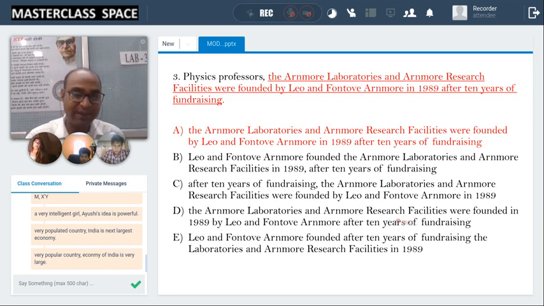Now, we have three options that are incorrect from the modifier point of view. Just pick what those three options are. There are three options that are wrong from the modifier point of view.